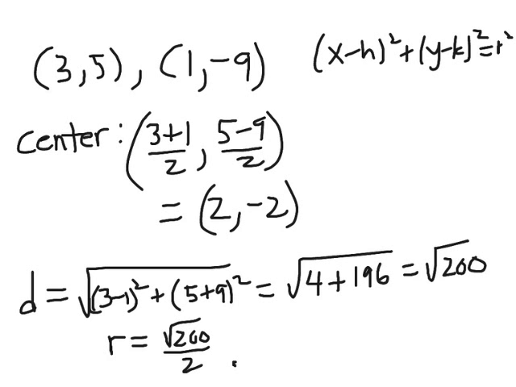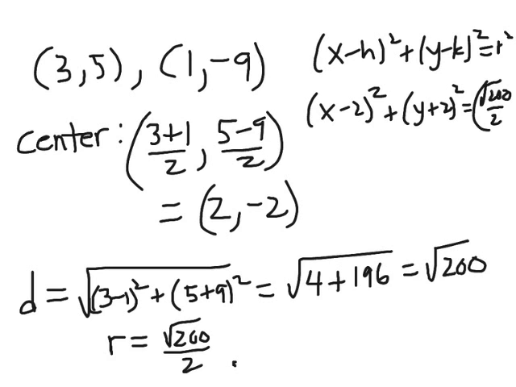So I have x minus h, and h is 2: (x − 2)², plus k is −2, so I'm going to have y minus −2. That's (y + 2)² equals the square root of 200 over 2, whole thing squared.